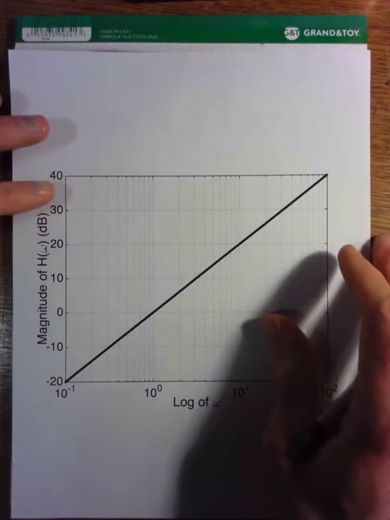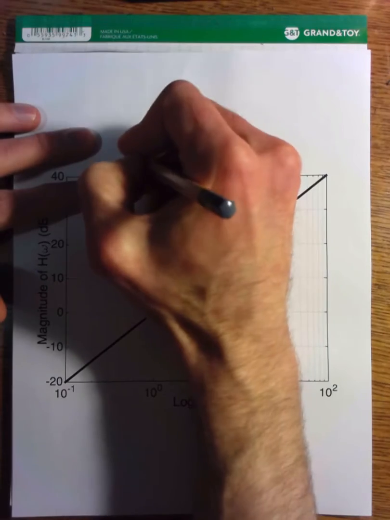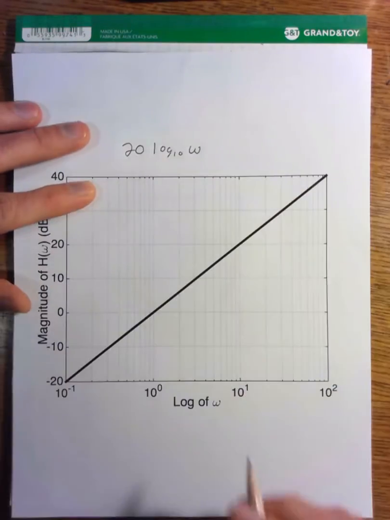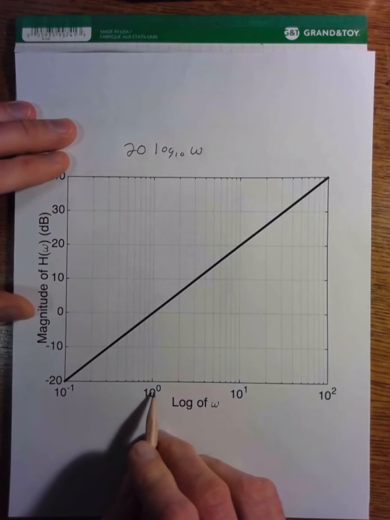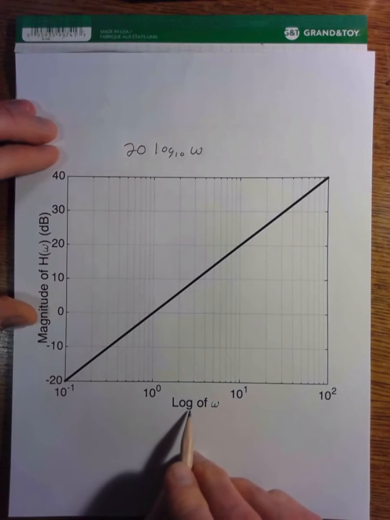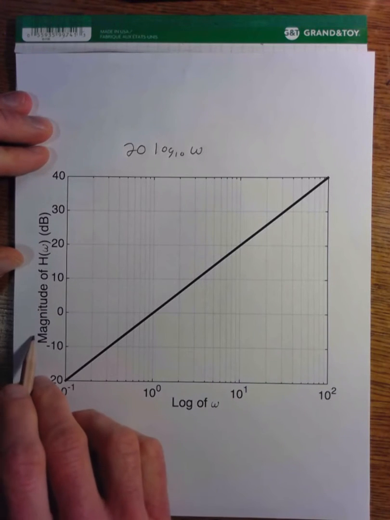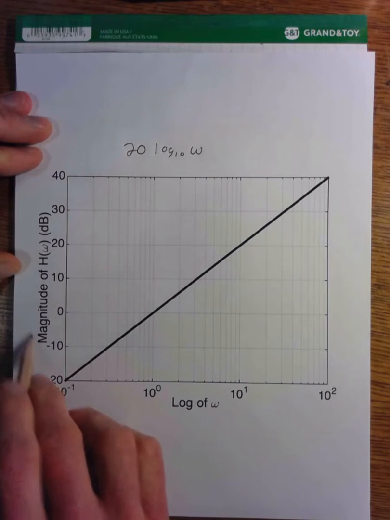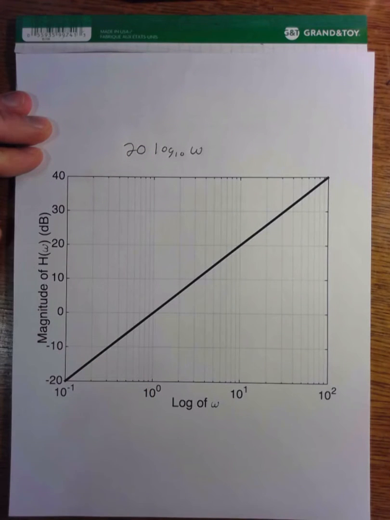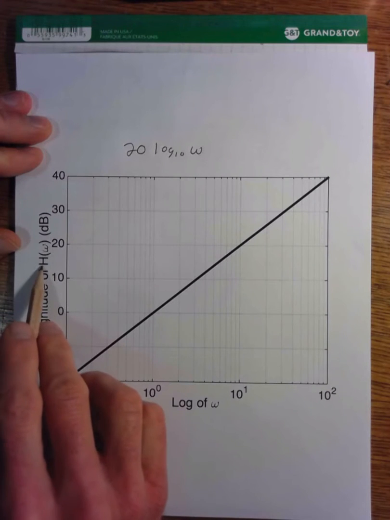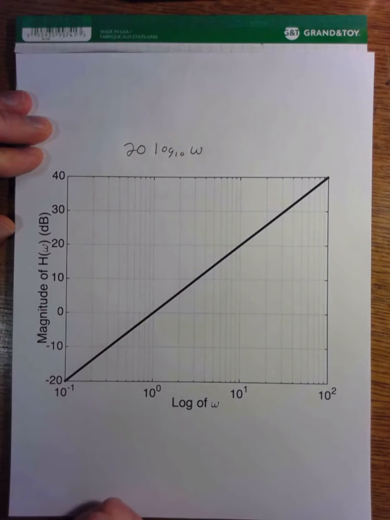Well, here's a plot of 20 log base 10 of omega. So first of all, the x-axis is the log of omega, and the y-axis is the magnitude of H of omega in dB, when H of omega is just equal to a simple 0 at the origin.